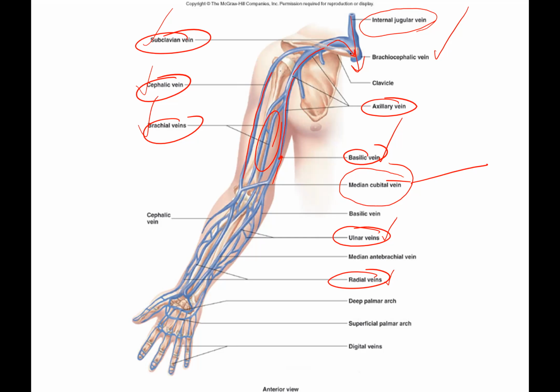Okay, now this doesn't show it, but then the superior vena cava and then the right atrium. Okay, brachiocephalic vein into the superior vena cava, which goes into the right atrium.